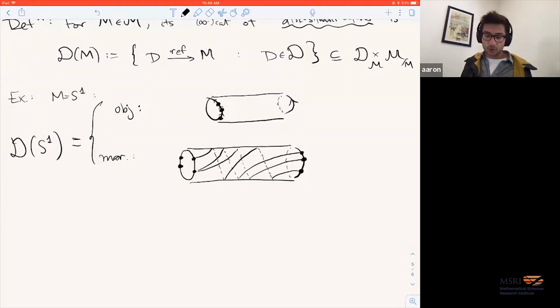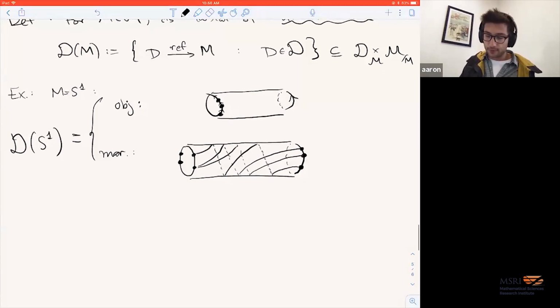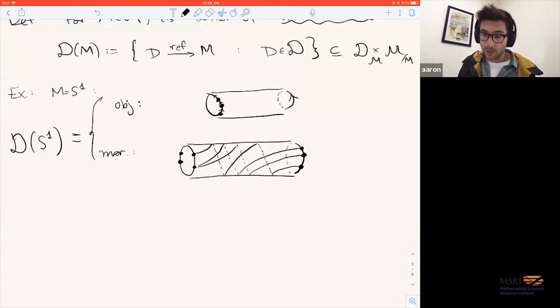Okay, so I'll stop drawing the framings. They're always going to have to go the same way because remember, these are refinements of the smooth circle, so they have no choice but to have their framings. I'll draw it in gray so you can know that those are going away soon as I continue to talk. The framings must all go in the same way because they are required to agree with that of the unstratified circle in the sense that they refine to it.